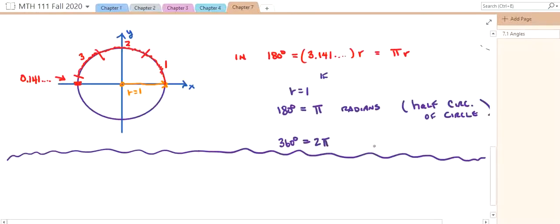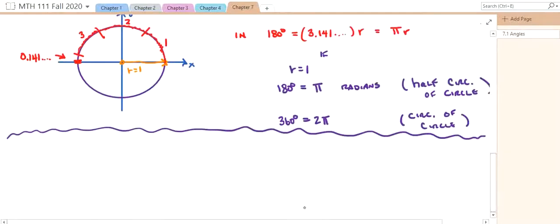So going all the way around is 2 pi. This is just the circumference of a circle. So when we express our angles in degrees or radians, these are our conversion factors between angles and radians.